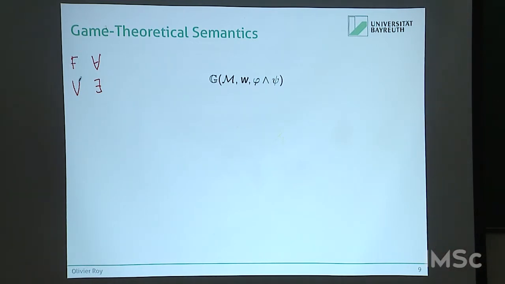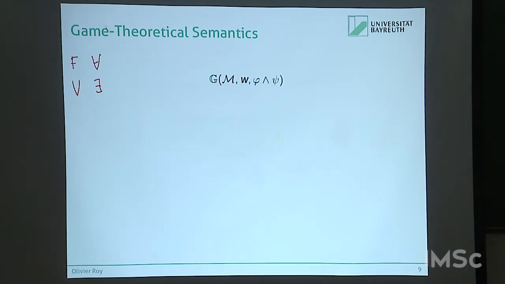The game always starts with Abelard being the falsifier and Eloise being the verifier. Now, if you know game theoretical semantics, you might not be familiar with this verifier-falsifier thing, because you can actually do away with it, but to understand how this works, it's actually very helpful.